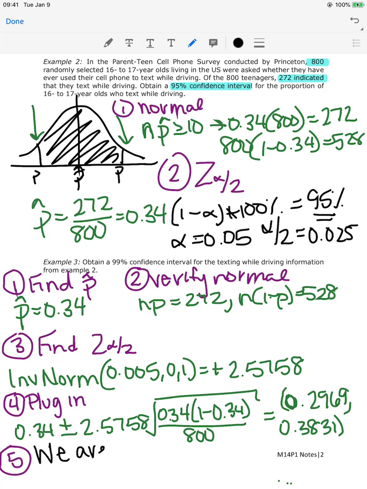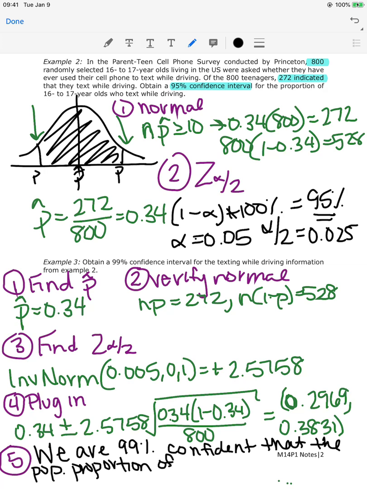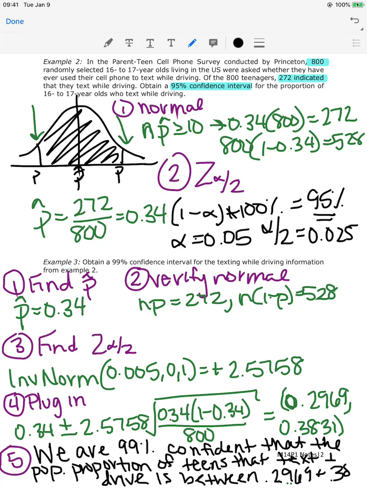So now we are 99% confident that the population proportion of teens that text and drive is between 0.2969 and 0.3831. And that is it.